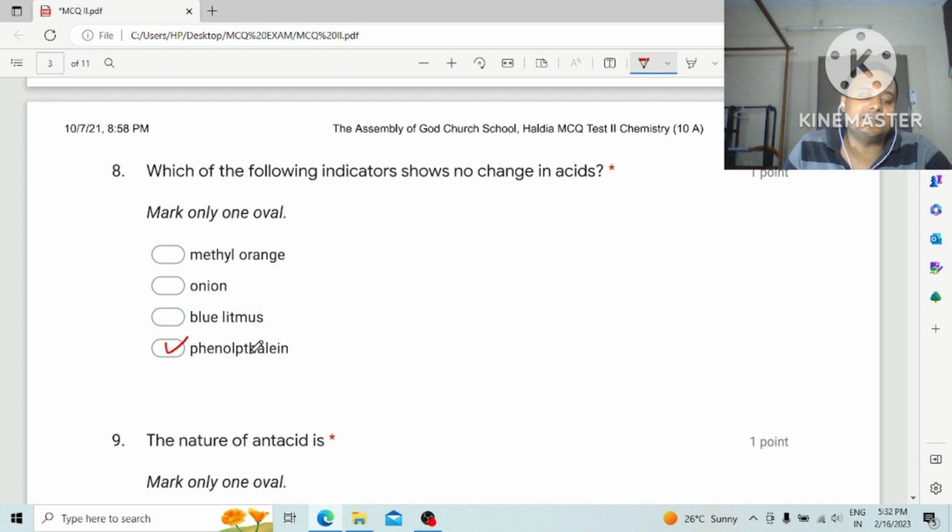Methyl orange: neutral orange, in base yellow, in acid pink. Onion is a natural indicator. Blue litmus in acid turns red, and red litmus in base turns blue. Actually the original color of litmus is violet.